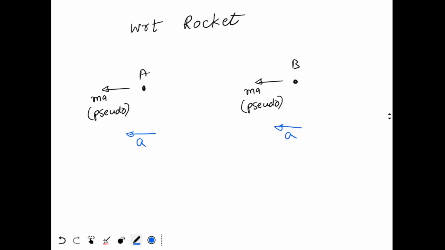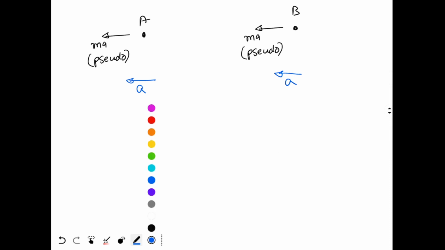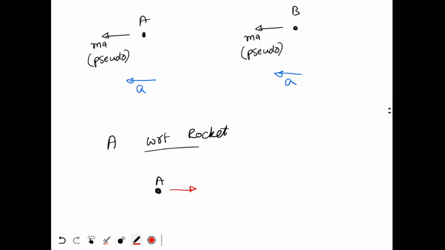Now let's first solve for A. We will observe A with respect to the rocket. The particle A is given an initial velocity u equal to 0.3 meter per second. This is the relative velocity of A with respect to the rocket. But the particle has acceleration backwards.